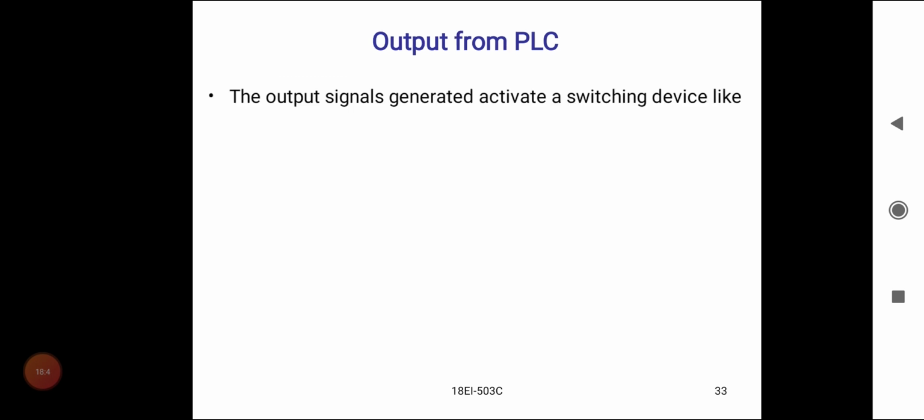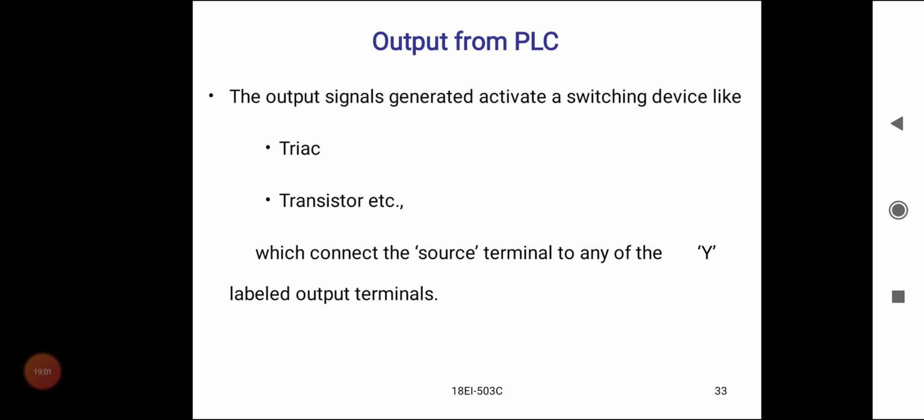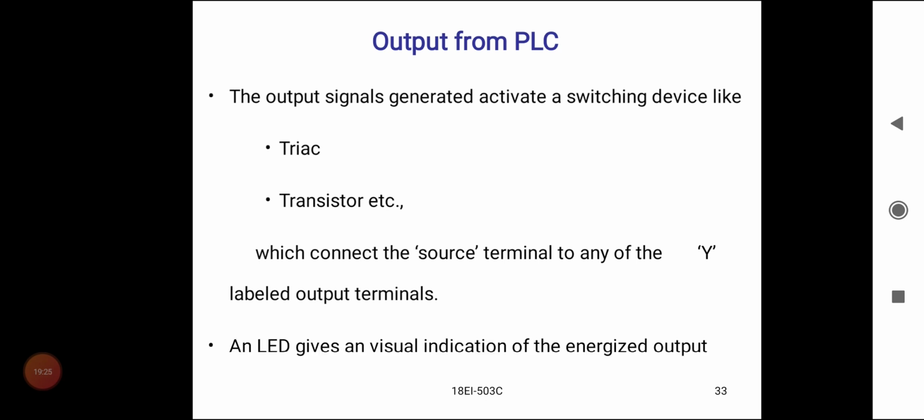The output signals generated activate a switching device like a triac, transistor, etc., which connects the source terminal to any of the Y labeled output terminals. An LED gives a visual indication of the energized output.